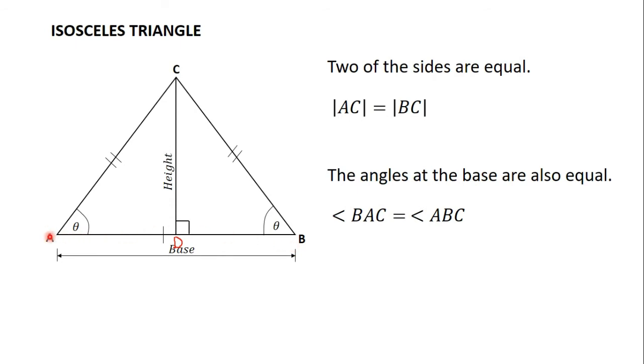So the length AD will be the same as DB. So AD is equal to DB. This is very, very important. We are going to use it when we are finding the area of an isosceles triangle.